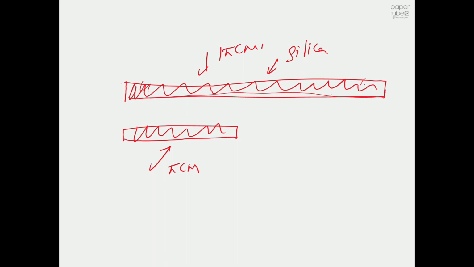So if we do some experiment, say we put some analyte A plus B, let's put it in a 10 centimeter column. That will be easier to explain.